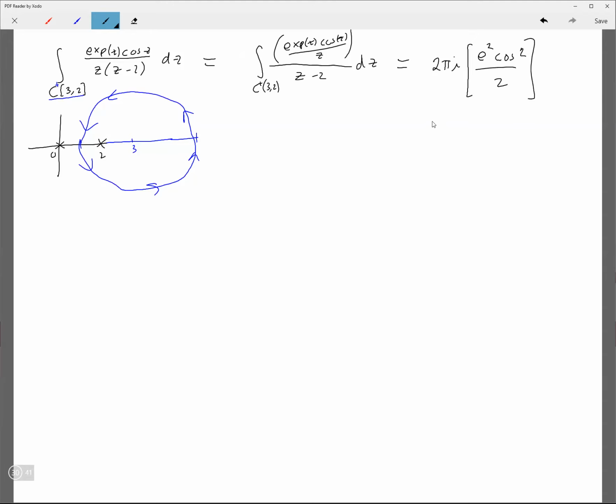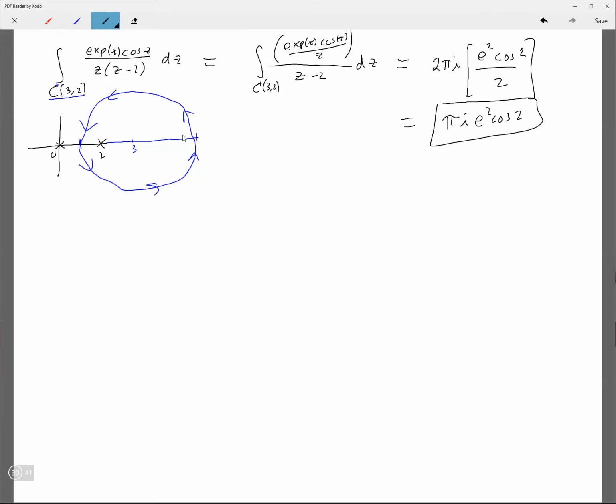Exactly, yes. So the 2's cancel, you get pi i e squared cosine 2. You just get that. So you don't have the other piece because you're not enclosing the 0.